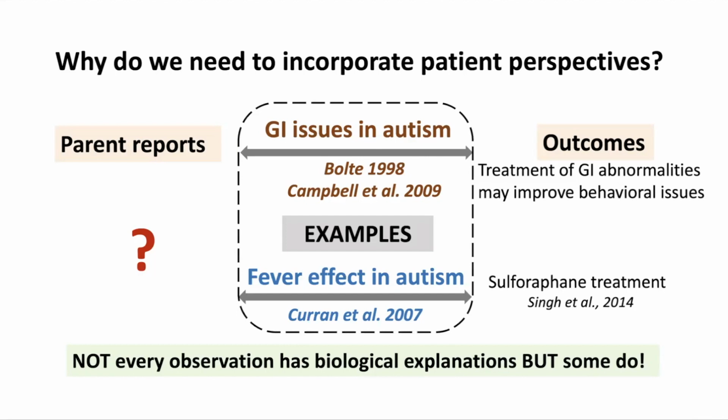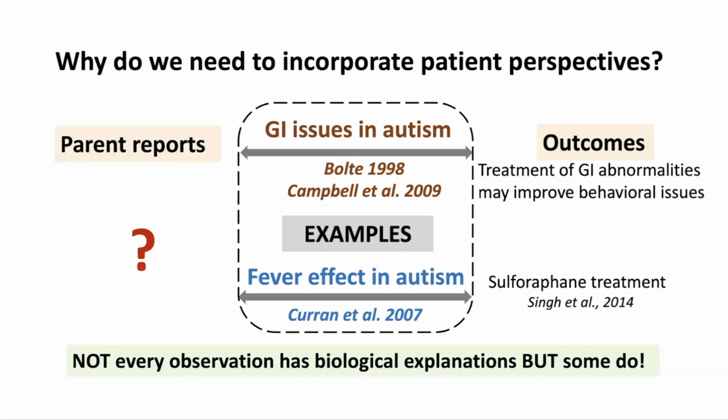This gene has a dual function. It contributes to both GI functions and brain development. Subsequently, after this discovery, more attention has been given to the importance of treating GI problems in individuals with autism, particularly for non-verbal cases.